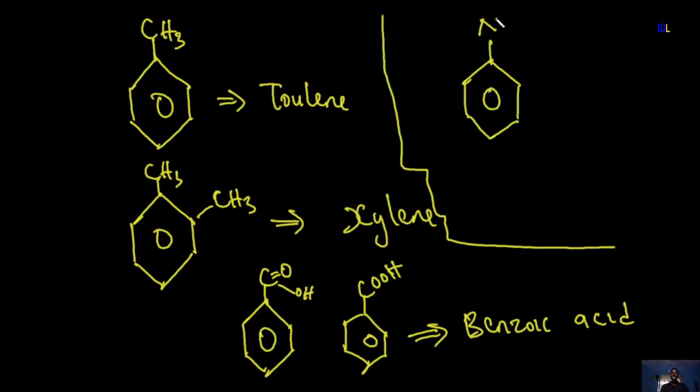Now, if an amine group is attached to a benzene ring, it is referred to as aniline. So whenever you see an amine group attached to benzene, this is aniline. We will also consider the structure of paracetamol and how paracetamol is related to this structure.